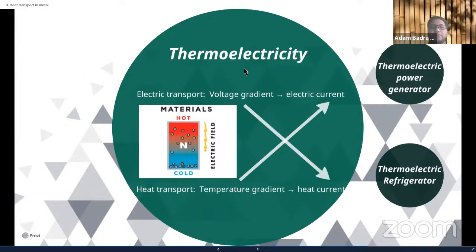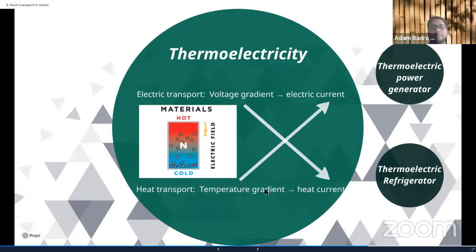However, in thermoelectric materials, when we move electrons, we are not only moving the electric charge, but we also move energy because of the statistical, microscopic movement of the electrons. We are not only carrying electric current, we also carry energy, and energy means the heat current.